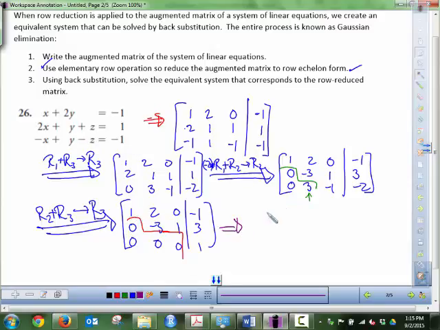So it looks like nothing happened with the first equation here: x plus 2y plus 0 is equal to negative 1. My second equation is minus 3y plus z is equal to 3, so that changed. And then my last equation is 0 is equal to 1. Okay, so here we have a problem.